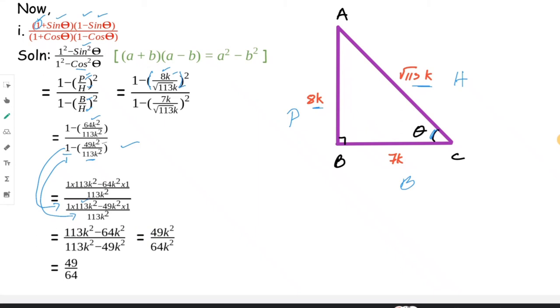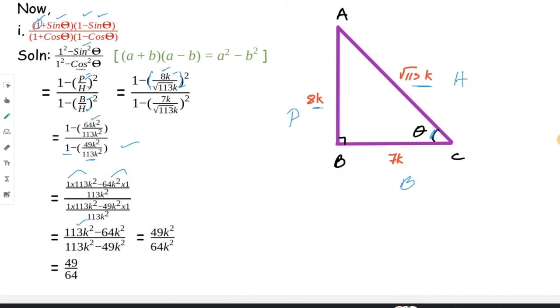My second numerator is 49, so I've written 49 already. Then 113k square, how many times 113k square? 1 time. Alright, so that is how we'll get it. Then 1 into 113k square is 113k square, 64 into k square is 64k square. Same thing, 1 into 113k square is 113k square, 49k square into 1 is 49k square.